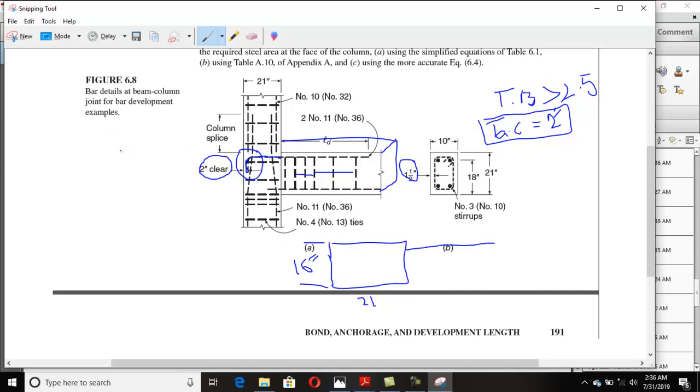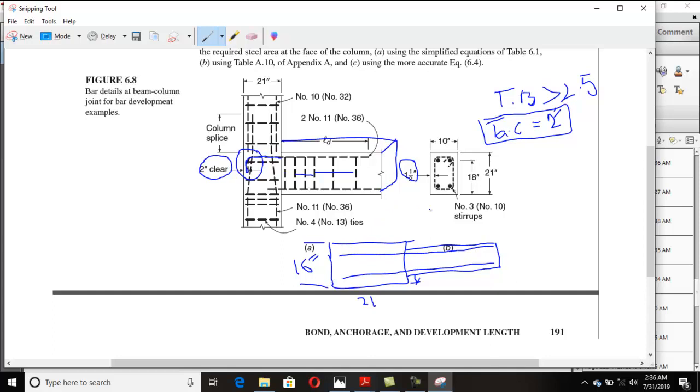This is interesting. There is an offset. This is not flush with the column. There is some distance. So the bars, there are two number 11 bars, negative bars. They are extended from the beam to the column, this one and this one.